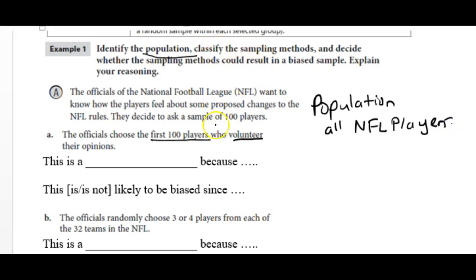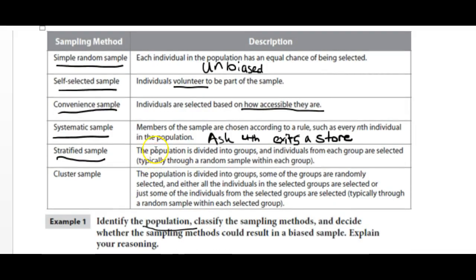We're going to classify a sampling method. Now, they're going to ask the first 100 players that volunteer. All right, so looking back at our list, we're going to look for which of the methods that we saw was the volunteer method. So here, we'll see individuals who volunteer to be a part of a sample. That's the self-selected sample. So let's go ahead and put that in.